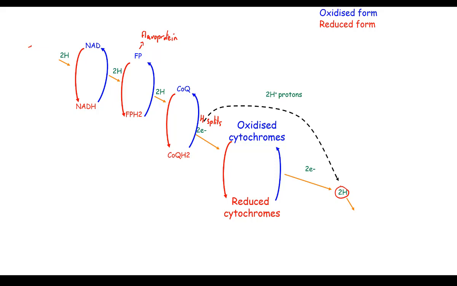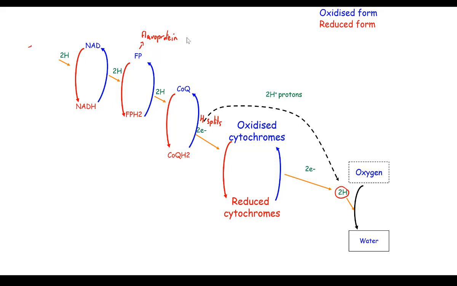But to do that, what had to happen was, after the hydrogen splits, the hydrogen protons basically get passed along here, so they bypass this process, and the electrons join back up with the protons to form hydrogen again. Then, at the very end, the oxygen, which is the final hydrogen acceptor, comes along, picks up the hydrogen and forms water.